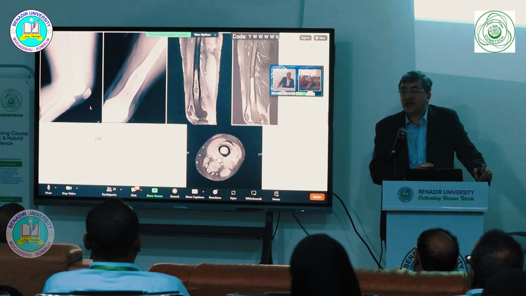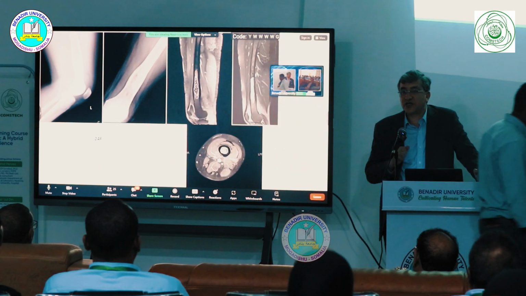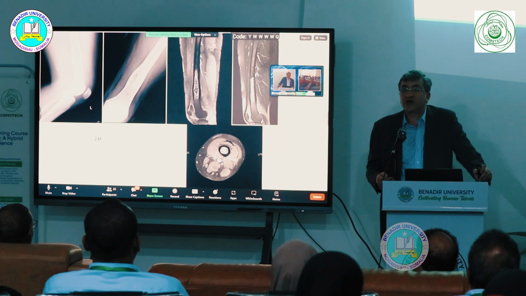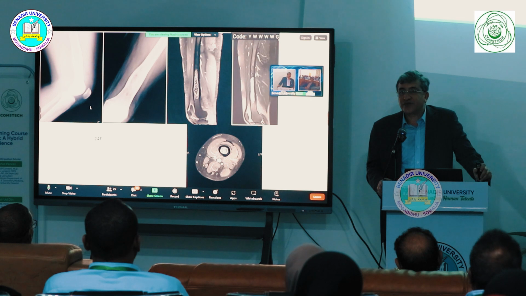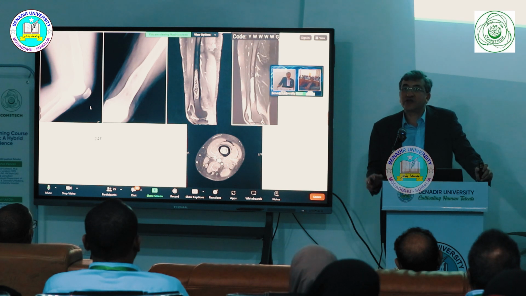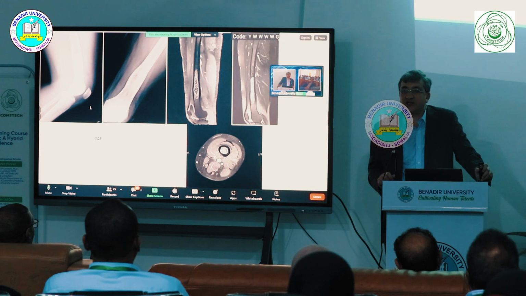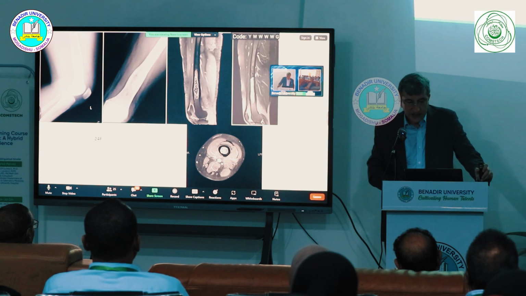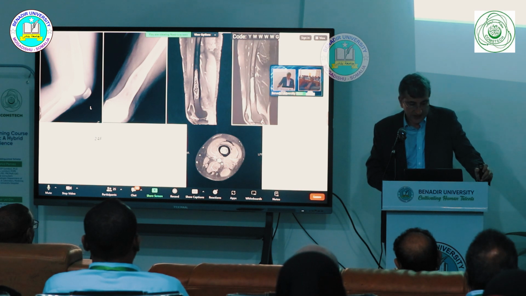Fortunately, nothing went wrong to the patient because management was the same, but there was mental torture to the patient because first we said benign, then a borderline lesion. So that's why radiological correlation is very mandatory.